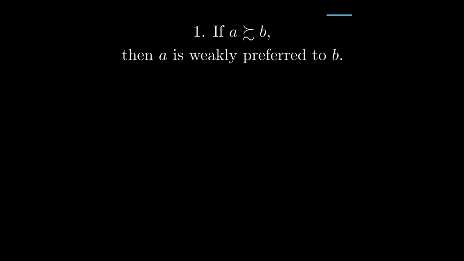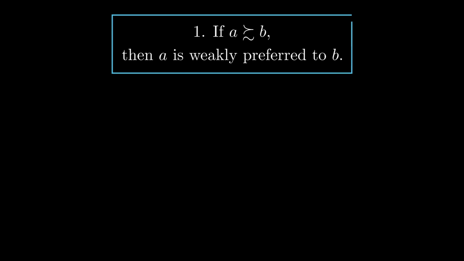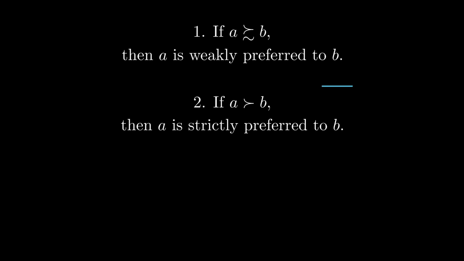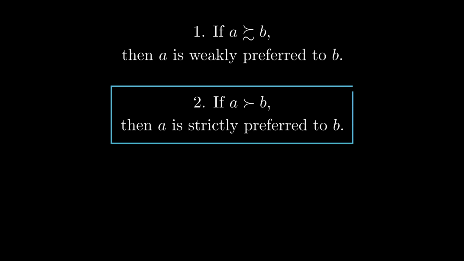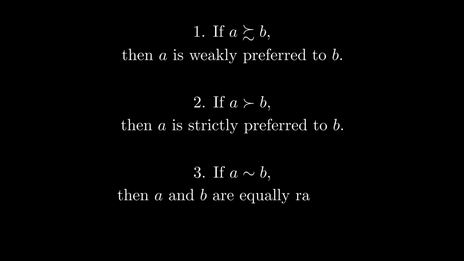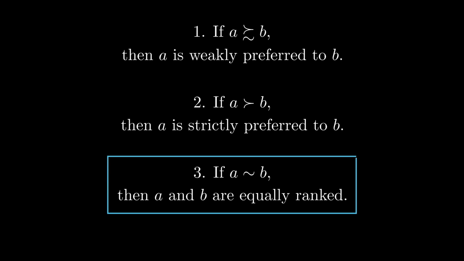The first says that A is at least as highly ranked, or what we call weakly preferred, to B. 2 says that A is strictly higher ranked, or strictly preferred, to B. And 3 says that A and B are equally ranked, or indifference.